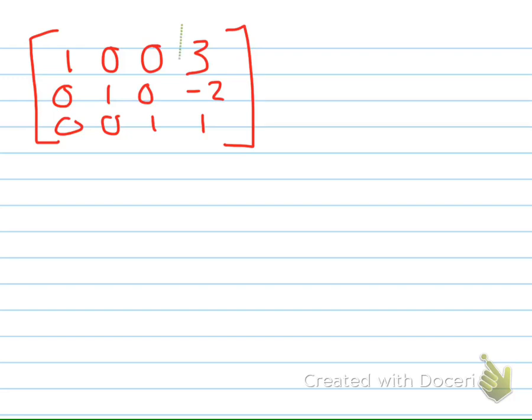So what they did is that square matrix at the beginning got the identity matrix right there, so that has all my 1s and 0s in it. But what that does, remember, this is my x, this is y, and this is z. So it's now simplified my equations to x equals 3, y equals negative 2, and z equals 1.